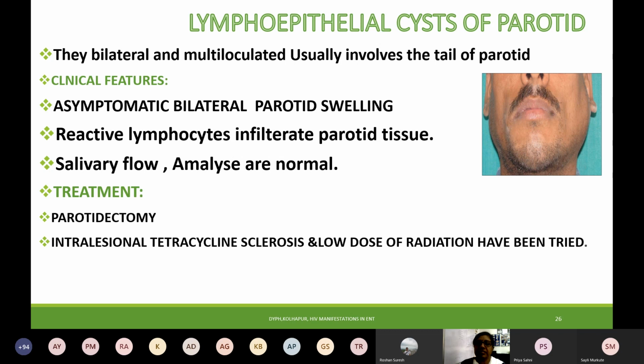The clinical features are asymptomatic bilateral parotid swelling, with reactive lymphocytes infiltrating the parotid tissue; salivary flow and amylase are normal.